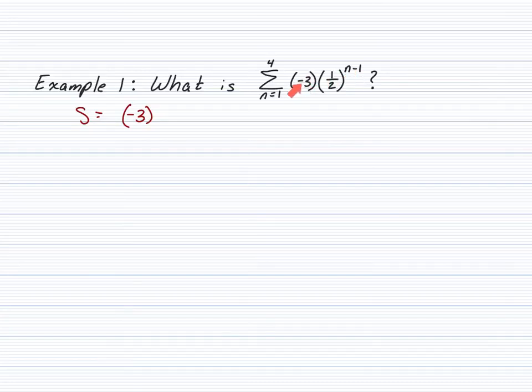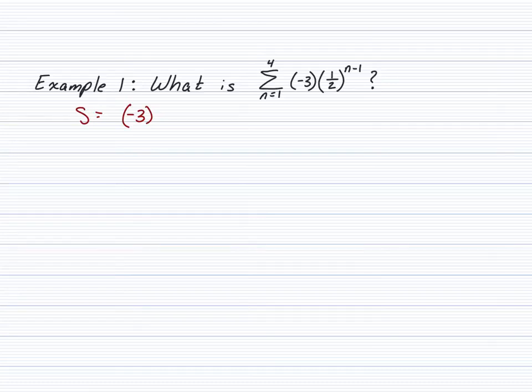So this is your a sub 1, your first term. Another way of thinking about this is we can substitute 1, your lower bound here, in for n. 1 minus 1 is 0. Any number to the 0 power is 1. And then 1 times negative 3 is negative 3. So that's the other way we can generate that.